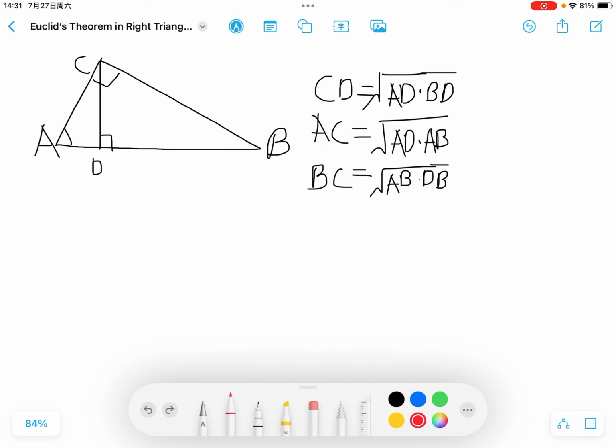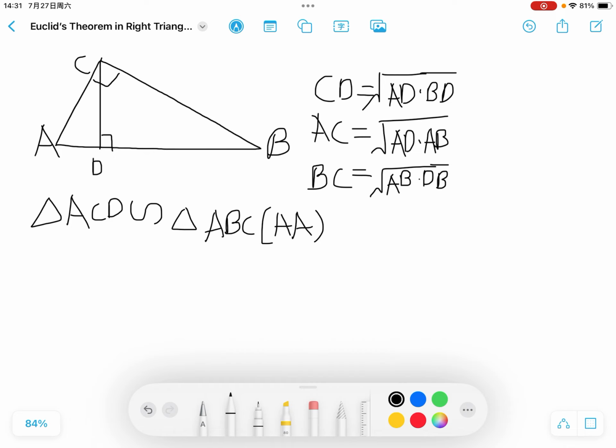So we can use that angle as an angle similarity reference. So we have triangle ACD is similar to triangle ABC via AA, angle similarity, and you have to pay attention to the corresponding sides and angles, because they determine the ratio, which we're going to use later on.